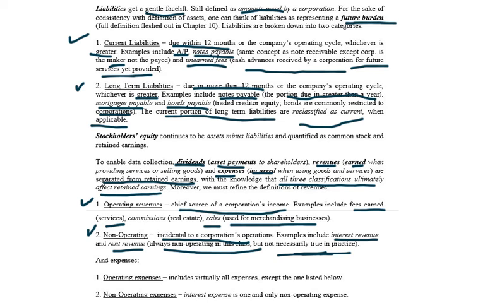And what if you were some sort of a leasing company? You lease cars or trucks or whatever the case may be. Well, obviously rent revenue would be your primary revenue, so that would be operating. So again, whether something is one of your chief sources is a matter of the context of the business. But in this class, you won't see interest revenue or rent revenue treated as anything other than non-operating.